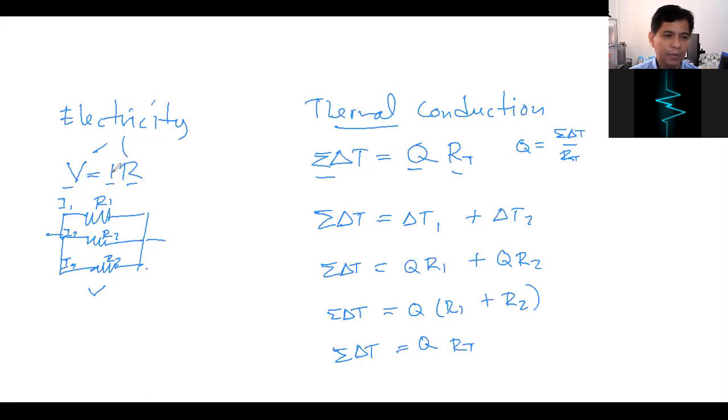Tapos yung total I is equals to I1 plus I2 plus I3. Yung B isa lang. You can call this B total, or simply B. Kasi B is equals to IR.